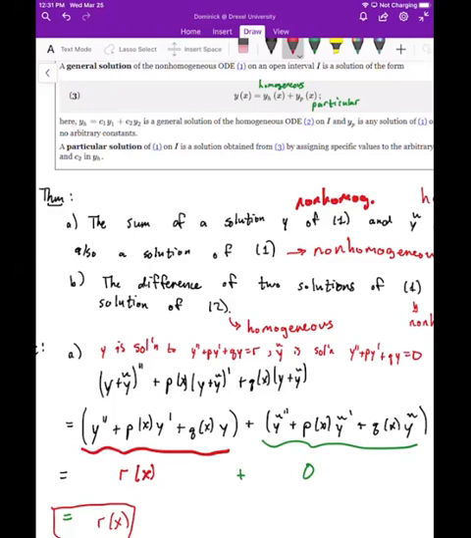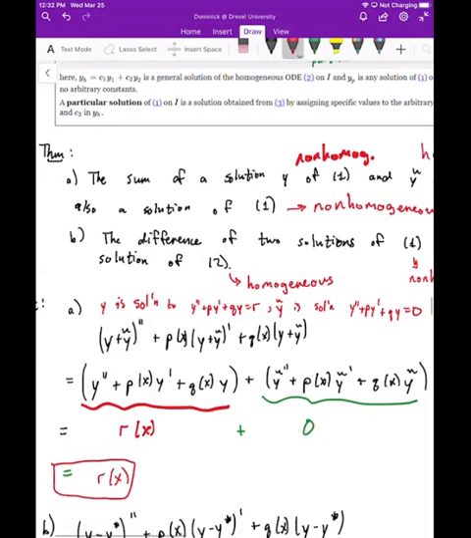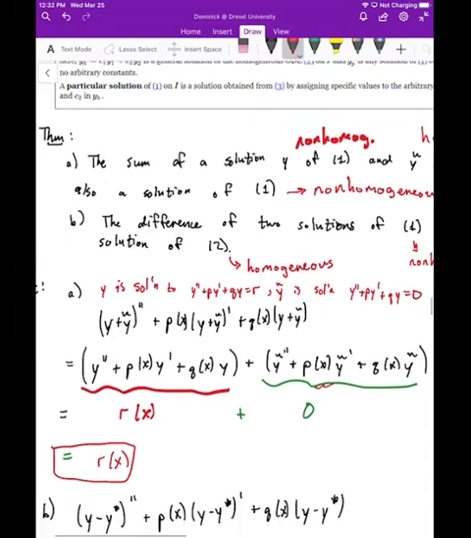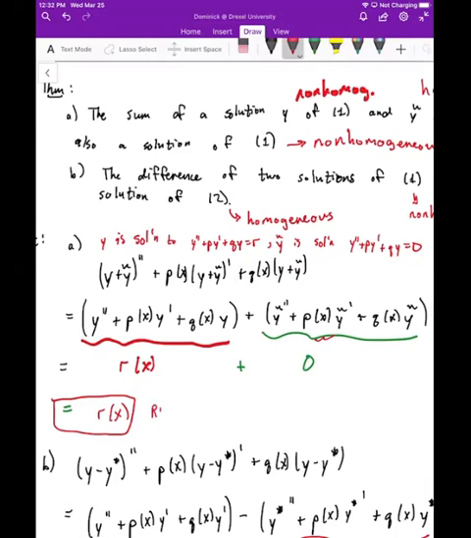As soon as you plug that into your left-hand side, you're going to get y double prime plus p times y prime plus q times y, right? Of course, the left part is a solution to the non-homogeneous version, and the part on the right-hand side is a solution to the homogeneous part. So if you add those two, you're going to get R, which is the right-hand side of the non-homogeneous.